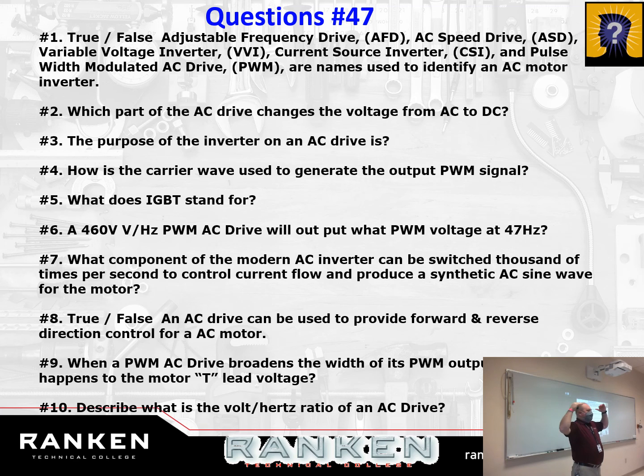The drive is only capable of putting out 208 volts. So it flattens out, it tabletops at the voltage, but the frequency keeps going up. So don't expect that proportionality to continue past the rated output voltage of the drive. It will stop at a certain point, regardless of what you do with the frequency.